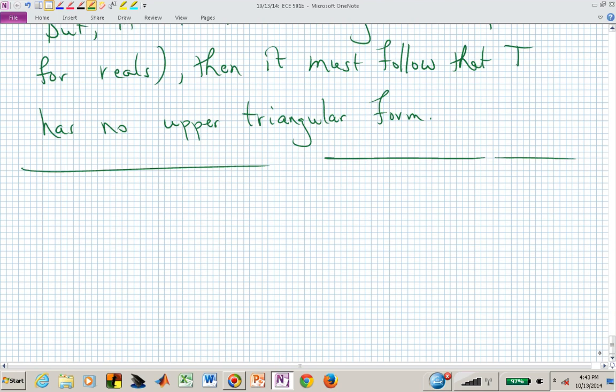Let's now look, and again, we're just looking at some of these statements about eigenvalues and eigenvectors.